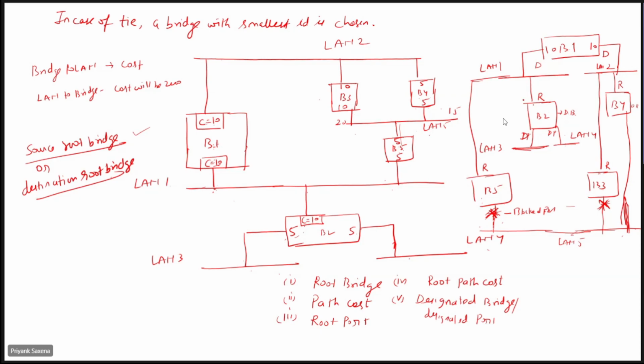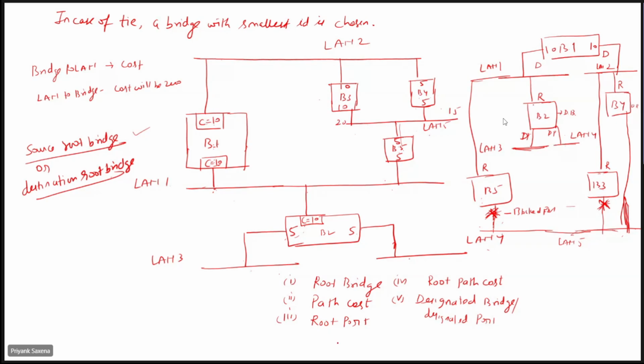You have to reach to this bridge from your LAN to this, from this to this, right? Because the root bridge can be a source from where the branches are moving up, or it can be a destination where the branches are terminating. Okay, so it can be viewed in both the ways. So you can draw like that, right?